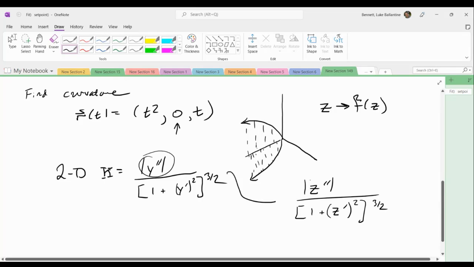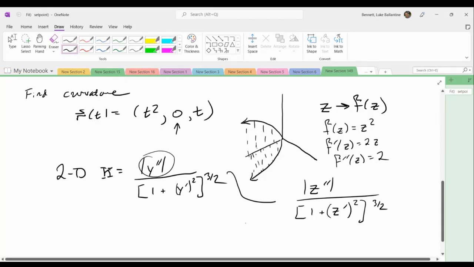So let me think about this. Yeah. So f prime is 2z. f double prime is 2.